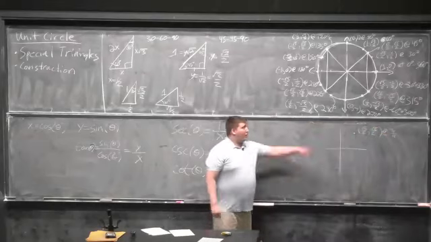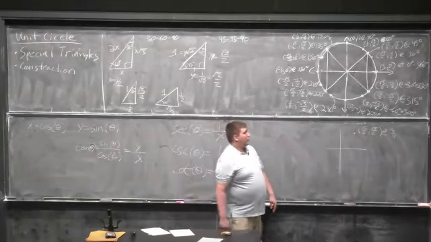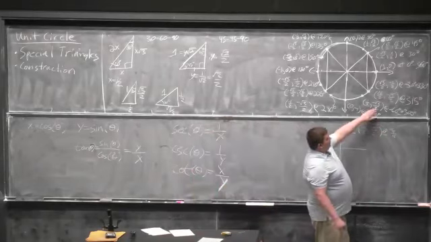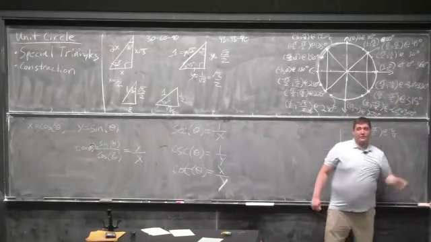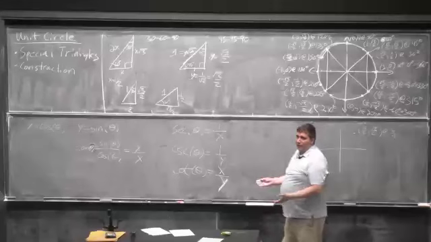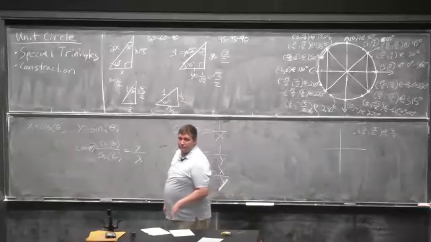I want them all listed out between values of 0 and 2 pi. So don't label this negative pi over 6. Label it as the appropriate angle, which would be 11 pi over 6.